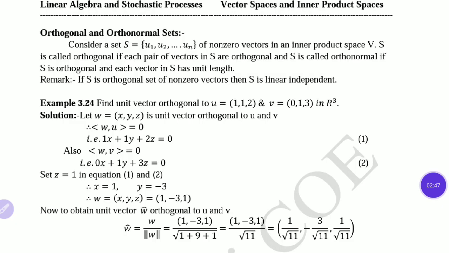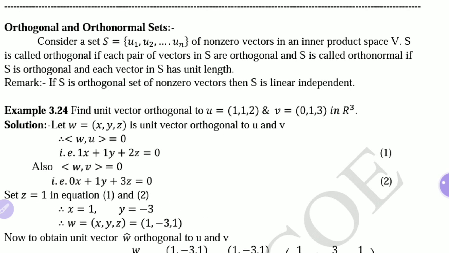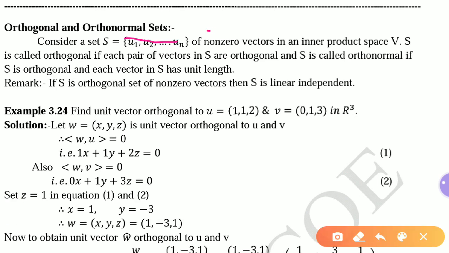Now let us see the next definition, the definition of orthogonal and orthonormal set. Consider a set S of n non-zero vectors u1, u2, up to un in some inner product space V. This set S is said to be orthogonal if each pair of vectors in the set is orthogonal.